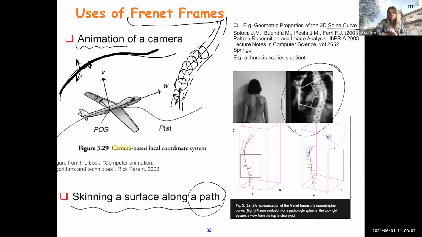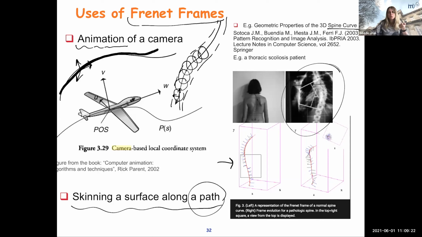If it bends too much or abnormally, there are problems. For instance, thoracic scoliosis, I think, was excessive or abnormal bending. Here is a normal spine, and this curve can be extracted.